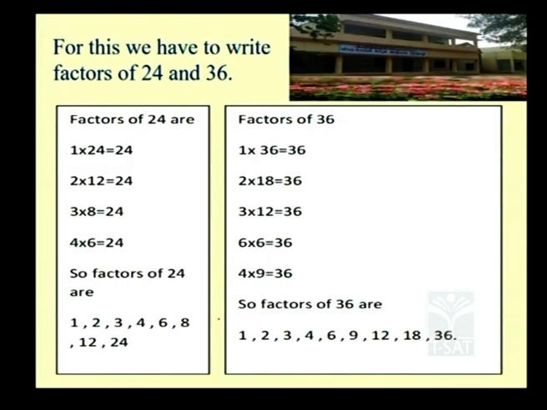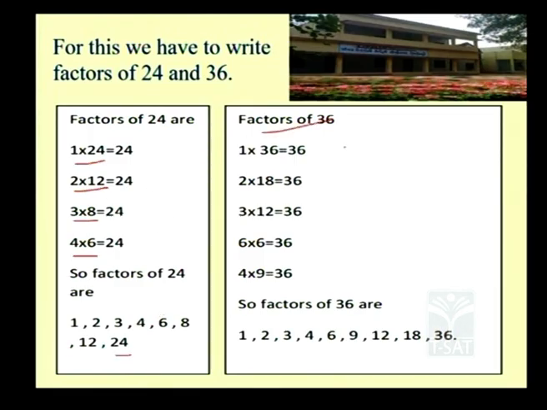Let us see. For this we have to write the factors of 24 and 36. For finding the factors of 24, we have to write 24 as a product of some other numbers. So, here 1 into 24, 2 into 12 is 24, 3 into 8 is 24 and 4 into 6 is 24. So, the factors of 24 are 1, 2, 3, 4, 6, 8, 12 and itself 24.